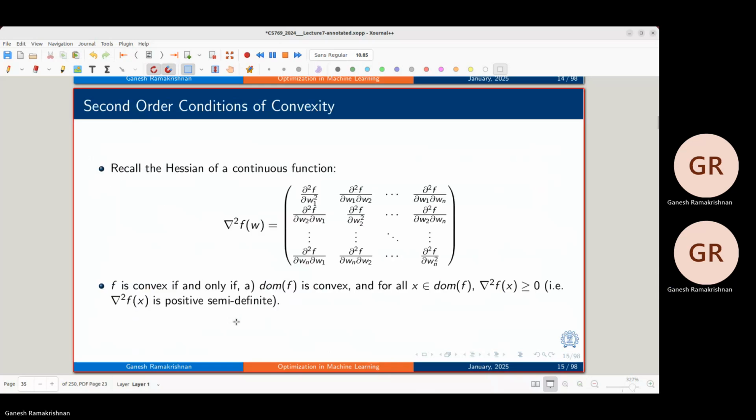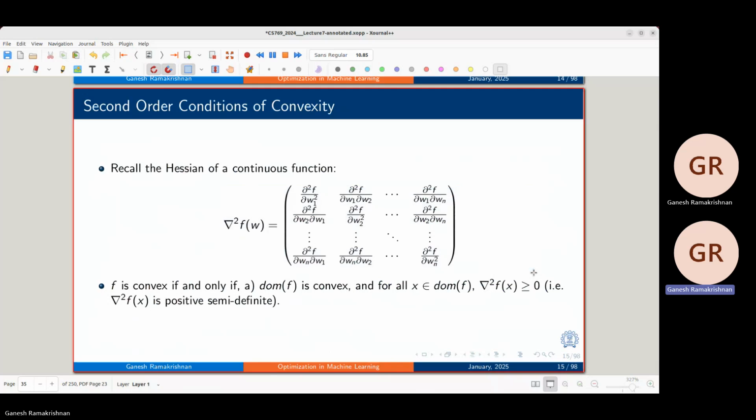Okay. So we'll just do a little bit of second order conditions, the curvature part, which is the second part, right? So let's understand a little bit more on second order conditions, and we'll conclude with that today. The second order conditions are in terms of the Hessian.